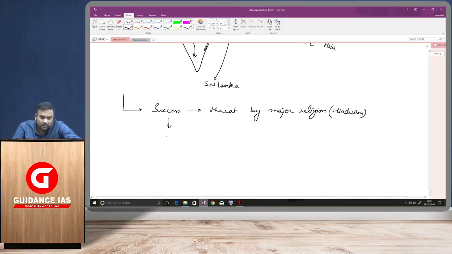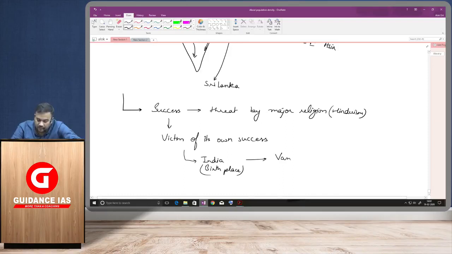Thus ultimately, Buddhism became a victim of its own success. It was attacked by the major religion, Hinduism. The result was that in India, the birthplace of Buddhism, it ultimately vanished.